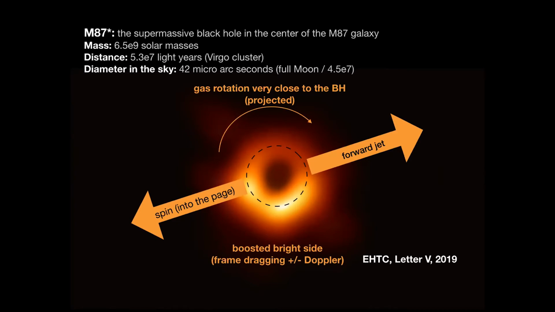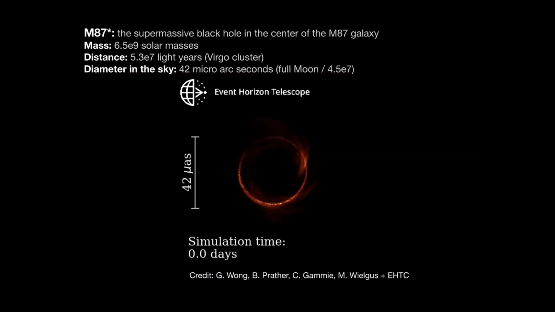We assumed in this analysis that the spin is aligned with the jet, so this accretion structure is not tilted with respect to the axis of black hole rotation. Because of that, only this configuration will allow you to see the boosted bright side at the bottom of the image, and this is what the interpretation is based on. It also means that the rotation of the gas, as projected into the plane of view, should be in the clockwise direction.